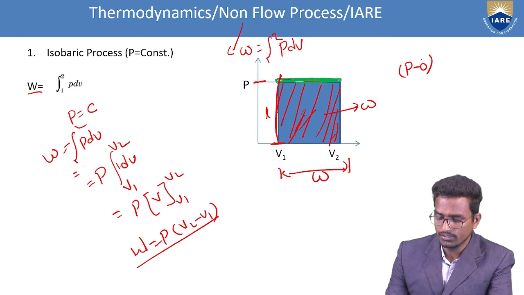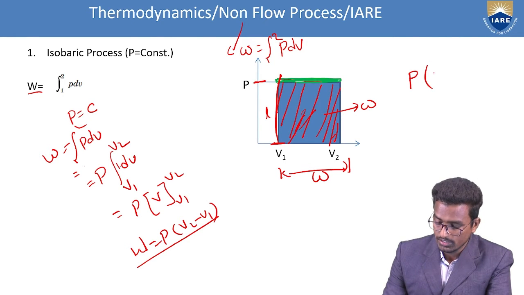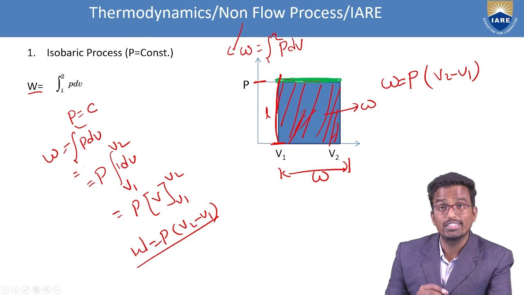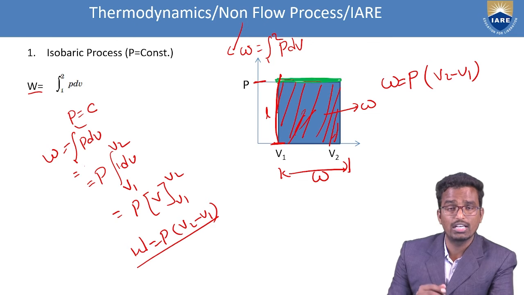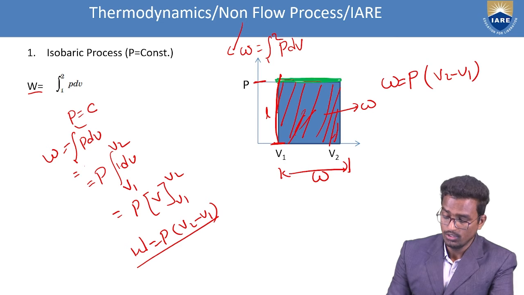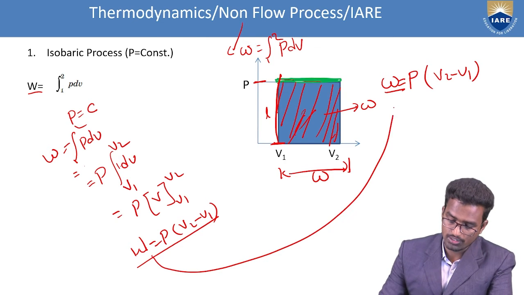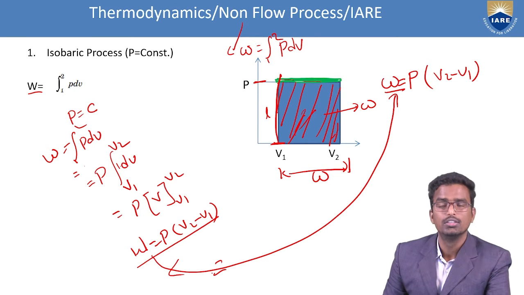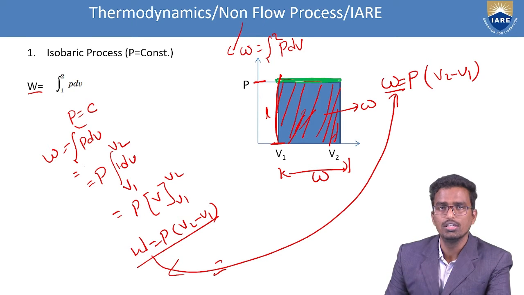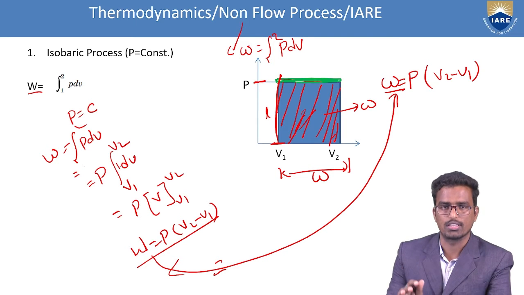Assume the length is P. The width is V2 minus V1. So the work done is the area under the curve in a non-flow process. By this method, from the graph, you get the same as from the equation. That is the work equation in an isobaric process for a non-flow process.